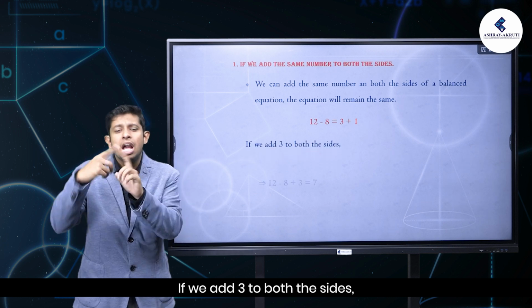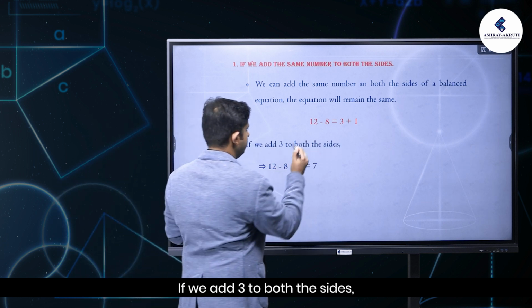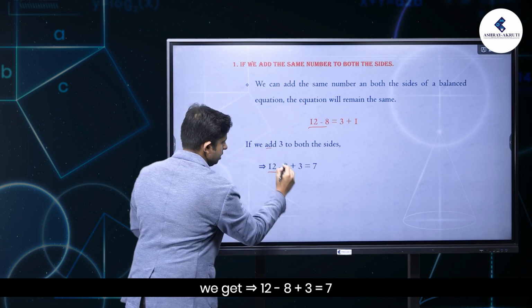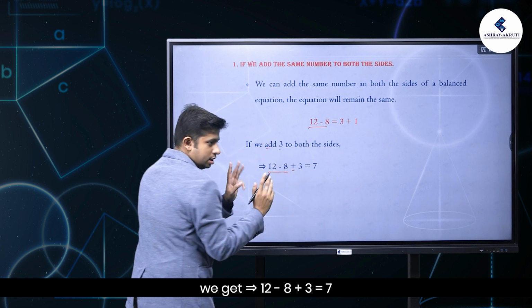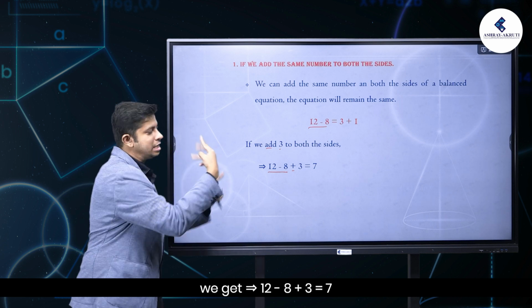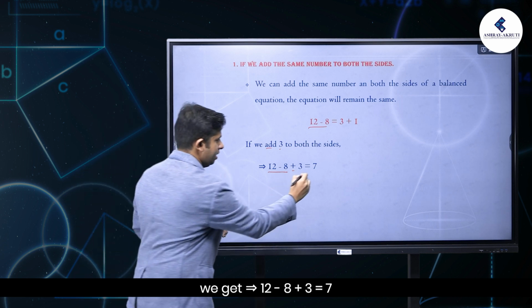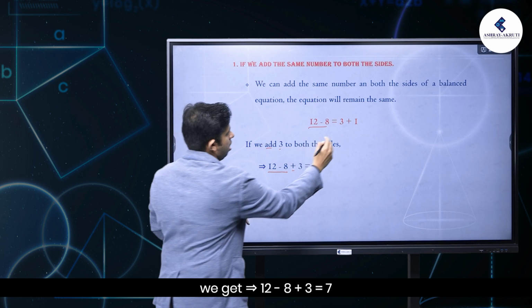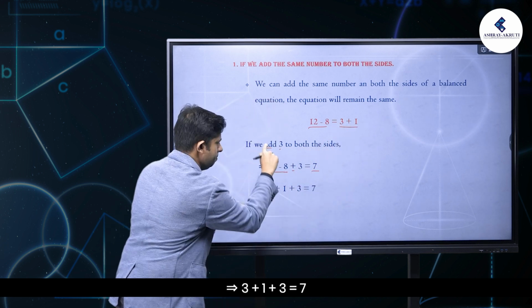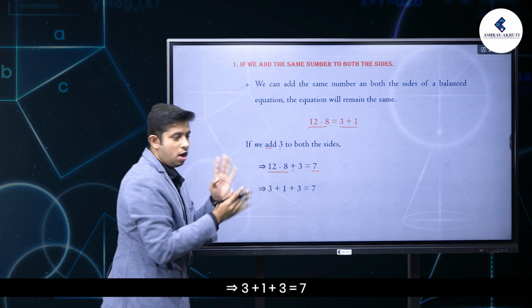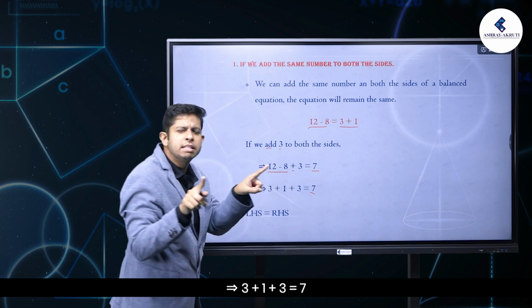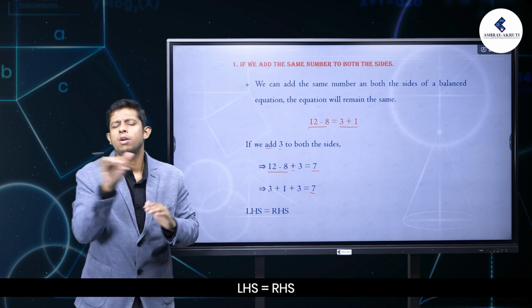If we add 3 to both the sides, we get 12 minus 8 plus 3 equals 7, and 3 plus 1 plus 3 is equal to 7. LHS equals RHS.